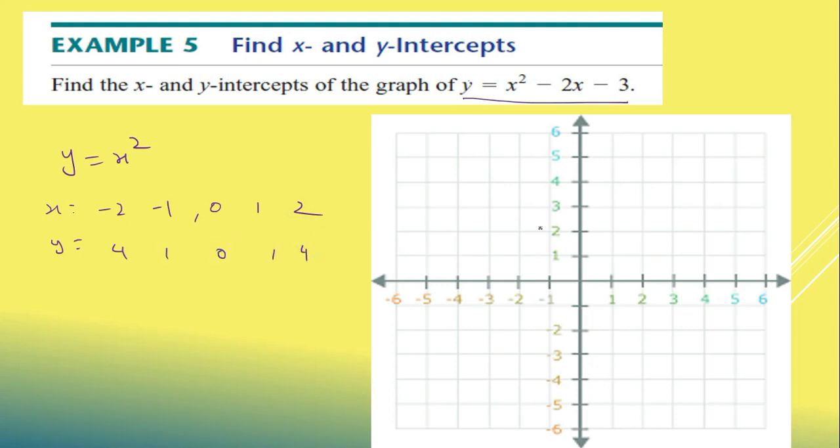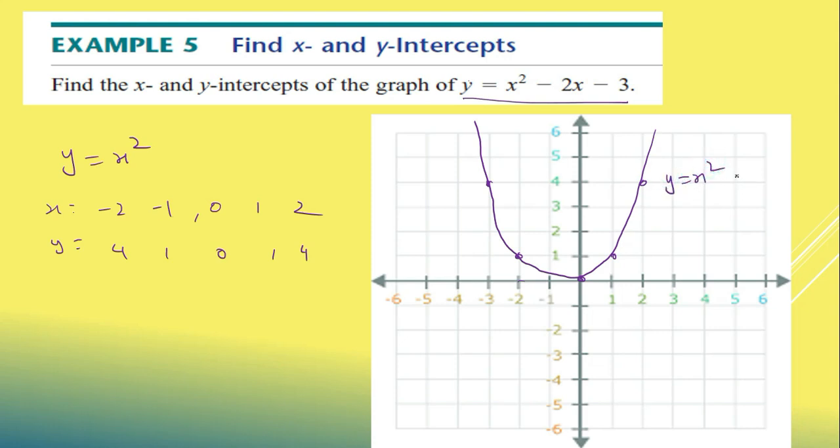If you plot these points here, x is minus 2, y is 4. This point is here. X is minus 1, y is 1. Here. X is 0, y is 0 here. And 1, 2 is 4. So when you plot these points, this will be the U-shaped curve, which is y is equal to x square.